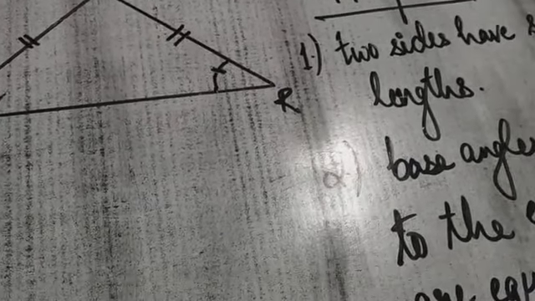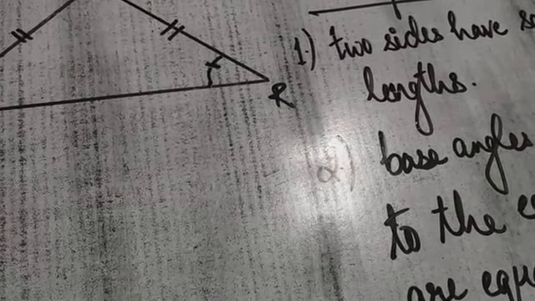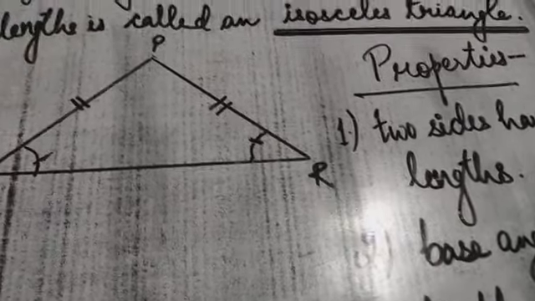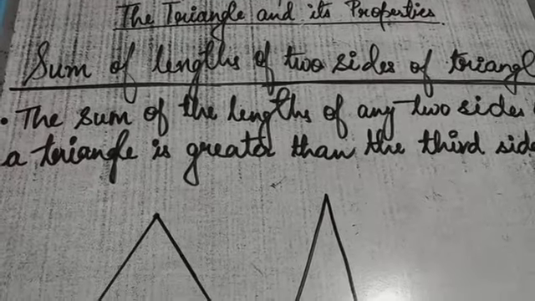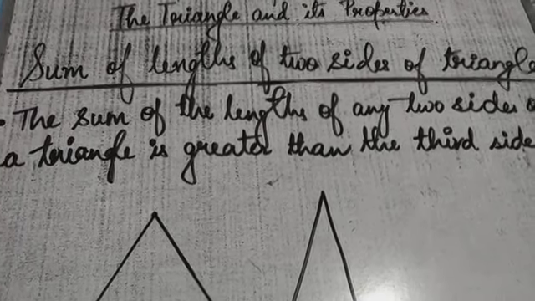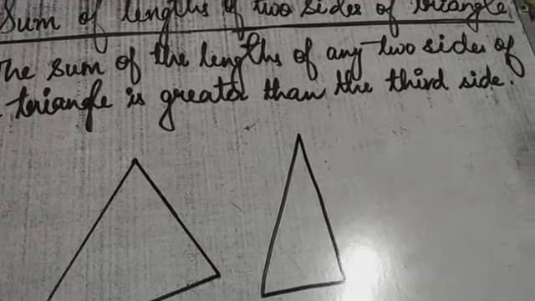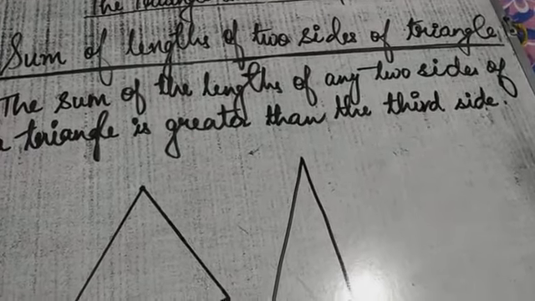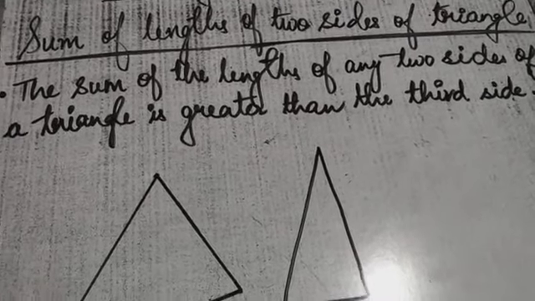Now we'll move on to the next topic, in which we will study about the sum of the lengths of two sides of a triangle. There is a property: the sum of the lengths of any two sides of a triangle is greater than the third side.